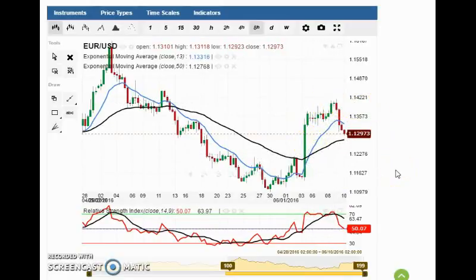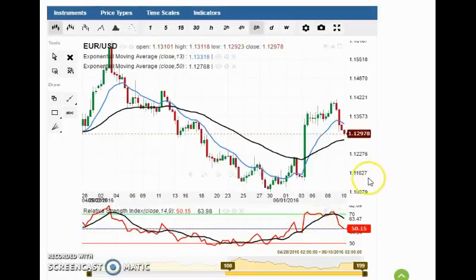I want you to pay attention to a few things here so you don't get false signals whenever you're trading. The first thing I want to see whenever I see a moving average crossover is the relative strength index, which I brought along and which is really going to help in today's lesson.